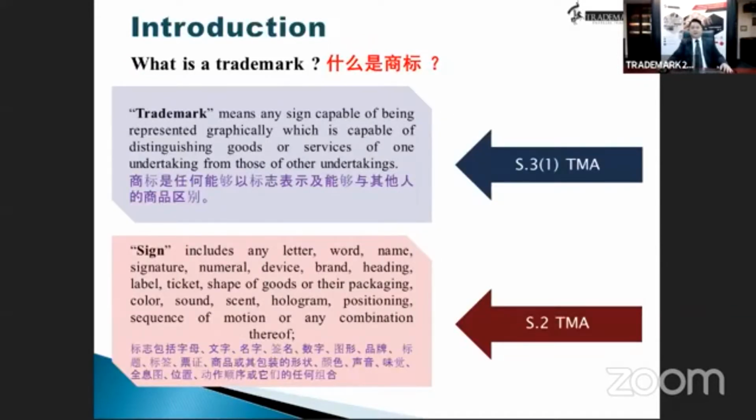Let me start off with explaining what is trademark. If you look at the definition under Section 3 of the TMA, TMA means Trademark Act, it means any sign capable of being represented graphically, which is capable of distinguishing goods or services of one from another.